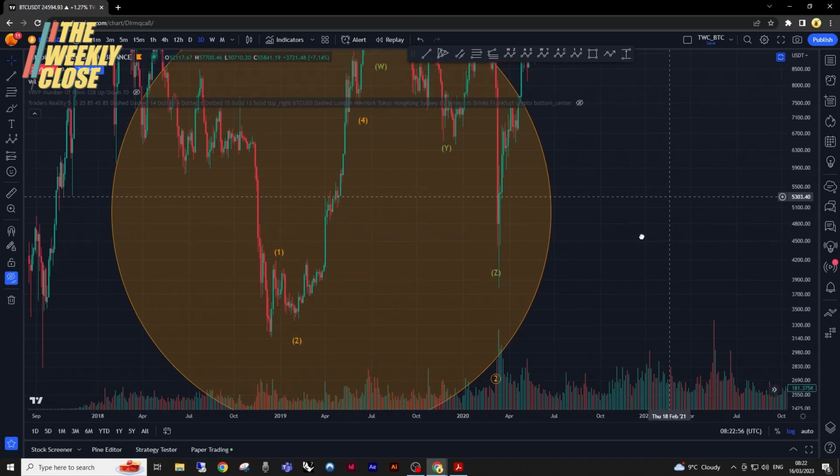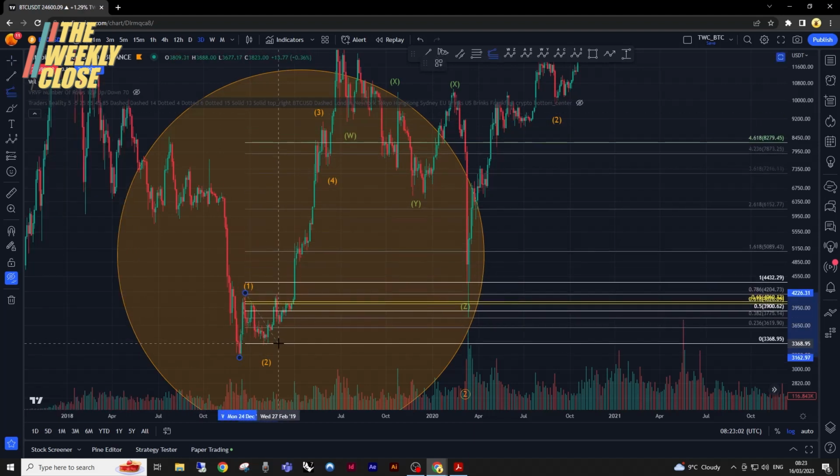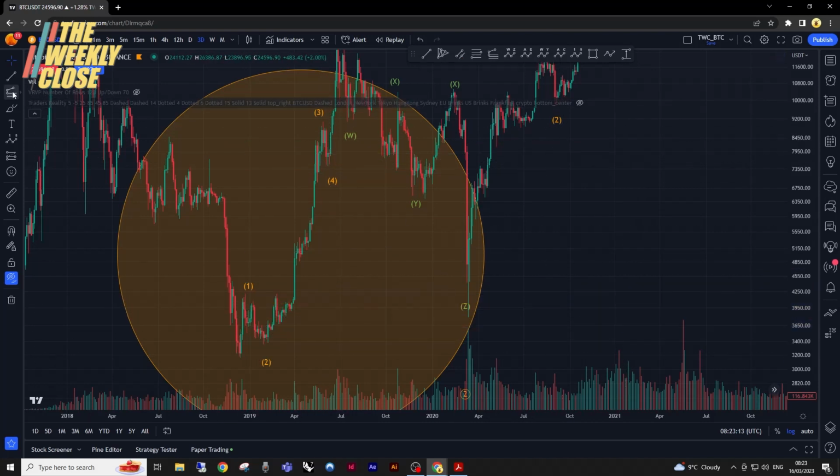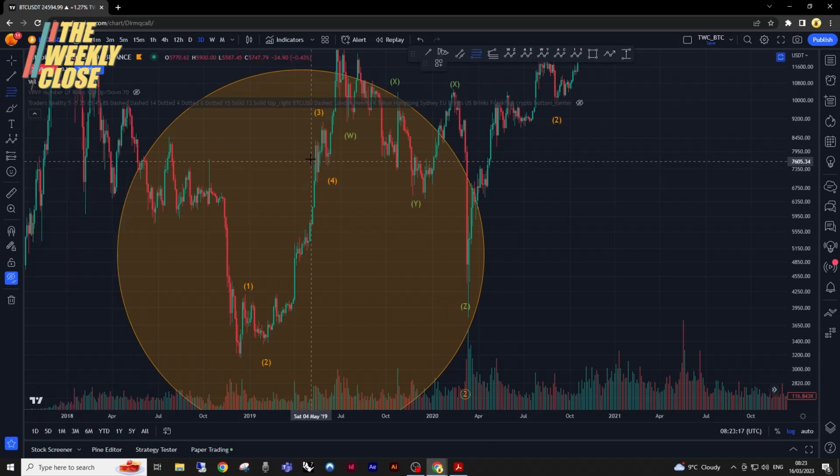And if we were to get rid of that and then follow up with an extension, you can see how there was a reaction to the 4.618, but then it surpassed it and then pulled back. And then you'd probably see something similar if we were to do a retracement.